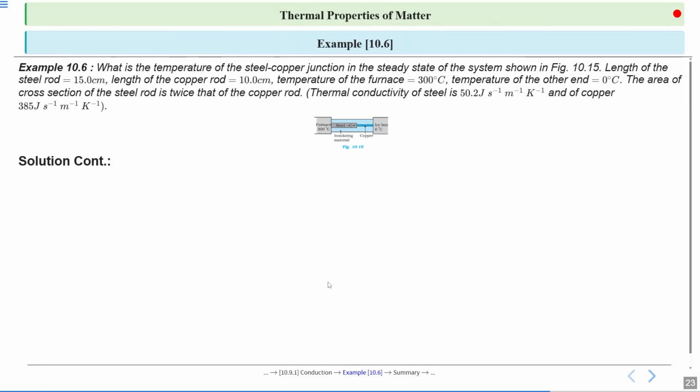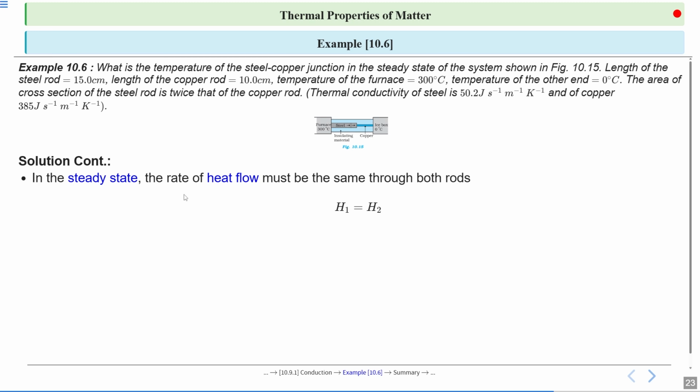Now, in the steady state, the rate of heat flow must be the same through both rods. So we can say H1 is equal to H2. We know H1 is equal to K1 A1 into 300 minus T divided by L1, and H2 is equal to K2 A2 into T divided by L2.